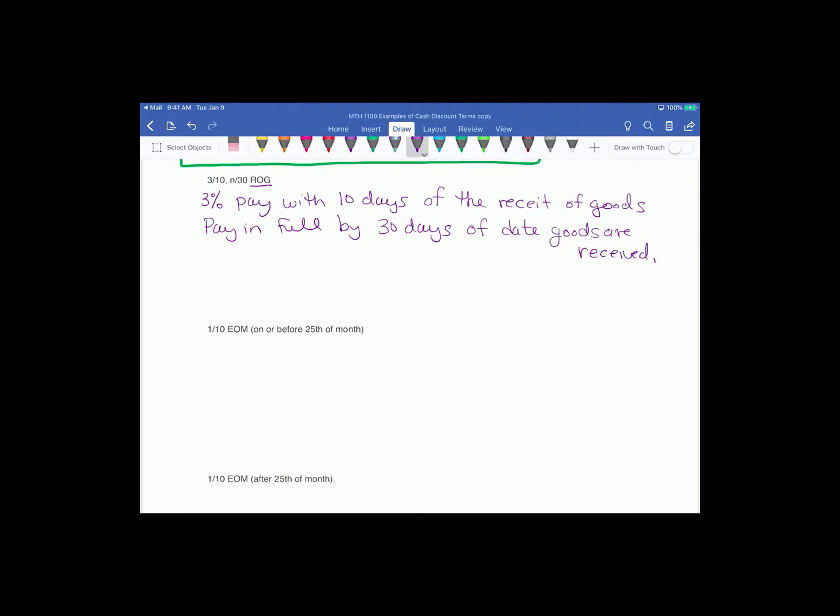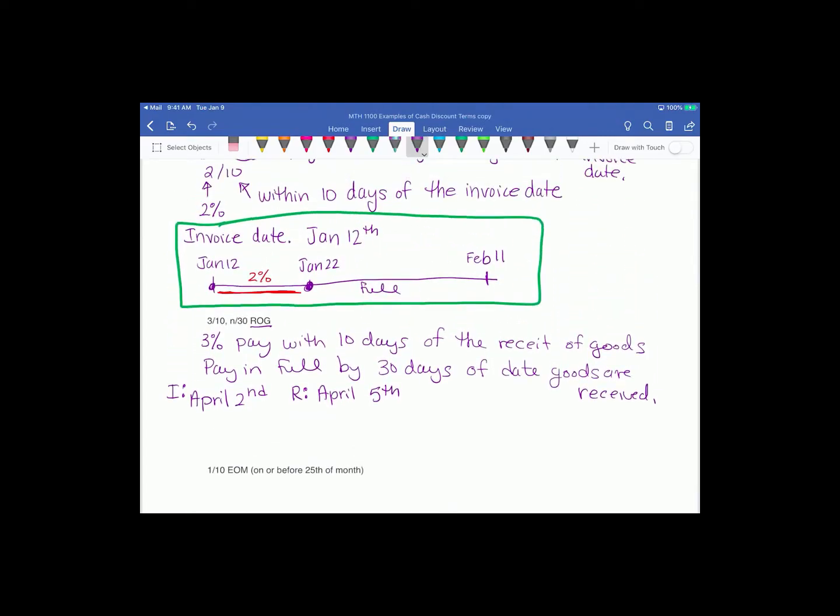So here's an example of a timeline again. Let's say our invoice date is April 2nd. So this is the invoice date. Let's say we received the goods on April 5th. So if you look at the previous example, when we made our timeline, we started on the invoice date, January 12th.